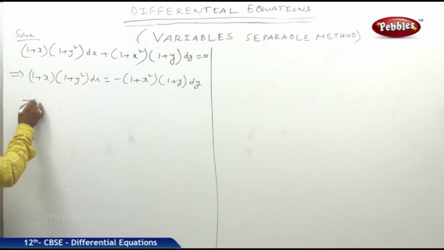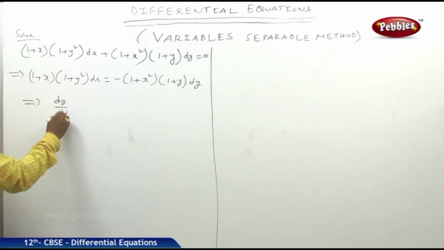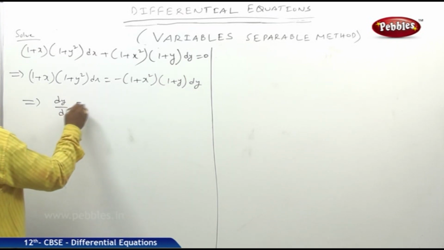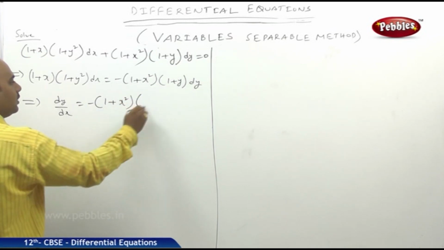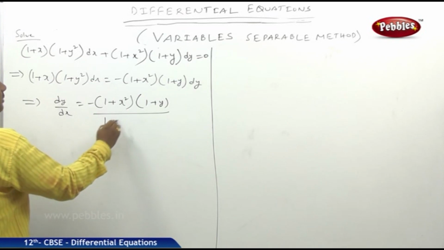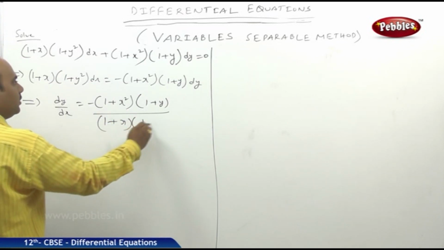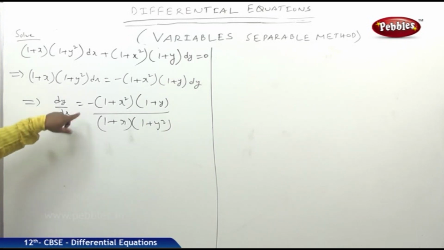Later I will make dy by dx like this, so the problem turns to dy by dx equals minus of (1 plus x square) into (1 plus y) divided by (1 plus x) into (1 plus y square). I think this is clear.